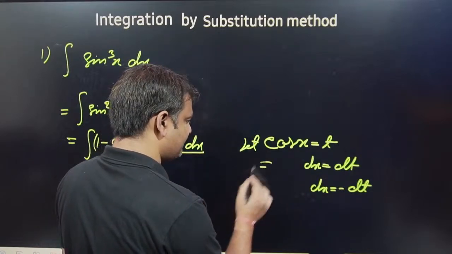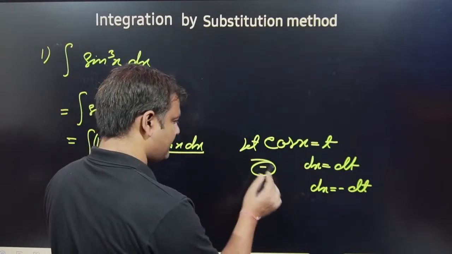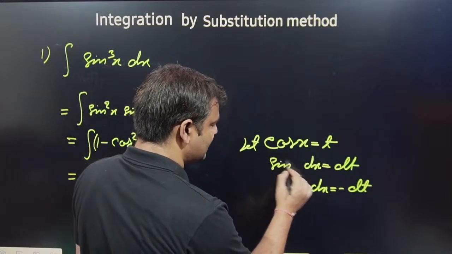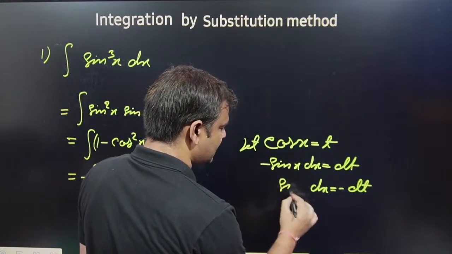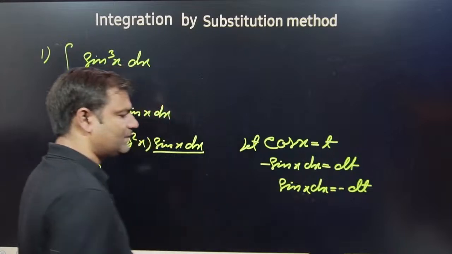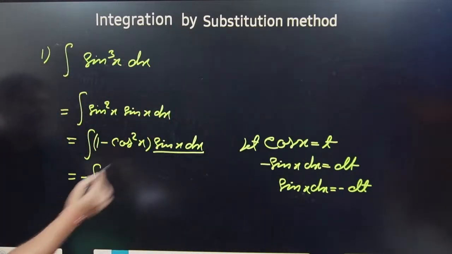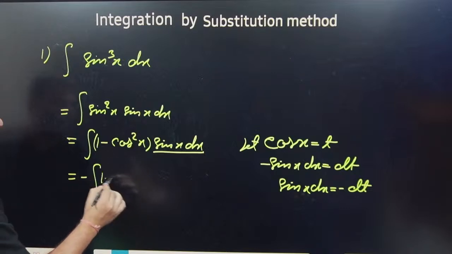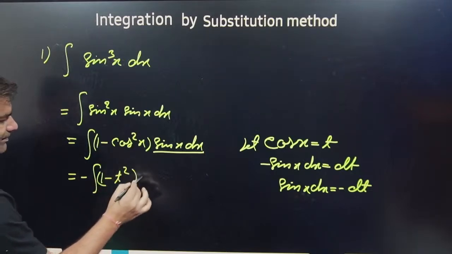Silly mistake here. Differentiation of cos x is how much? Minus sin x. So sin x dx will be equal to minus dt. Okay, so sin x dx is replaced by minus dt, and that one is written as 1 minus t square dt.